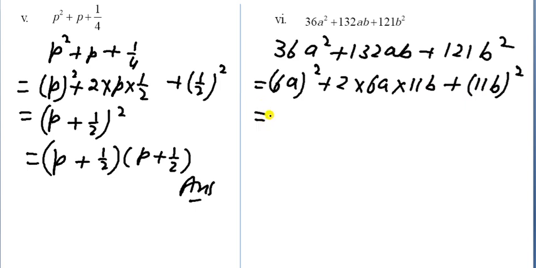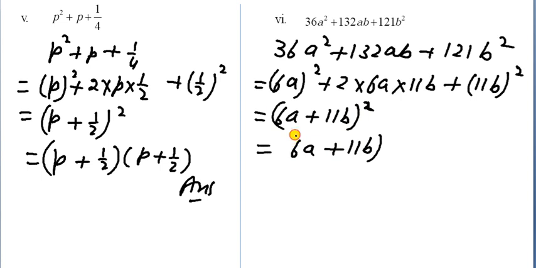So the formula gives (6a + 11b) whole square. So you have to write this bracket two times. So that one is (6a + 11b), and in the second here is (6a + 11b). So that one is your answer.